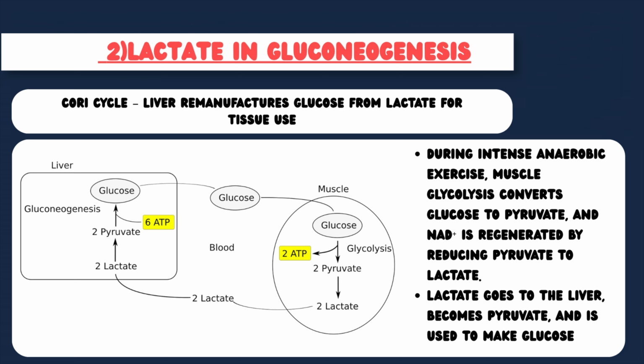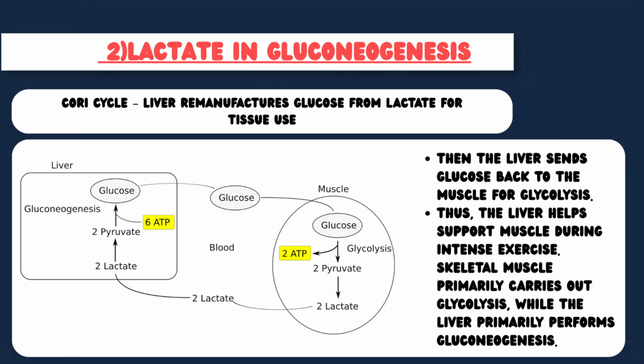Lactate then goes to the liver, becomes pyruvate, and is used to make glucose. Then the liver sends glucose back to the muscle for glycolysis. Thus, the liver helps support muscle during intense exercise. Skeletal muscle primarily carries out glycolysis, while the liver primarily performs gluconeogenesis.